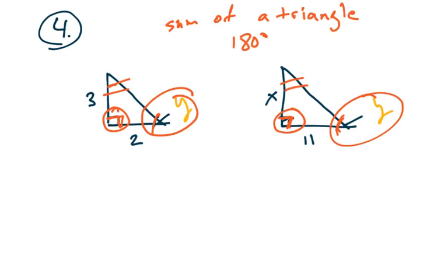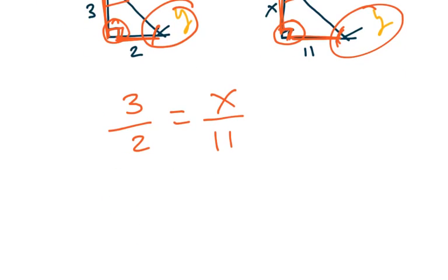With that being said, when all the angles match up, we have what's called a proportion. So this means that this region here is proportional to this, and this region here is proportional to this. So what I can do is I can say 3 over 2 is equal to x over 11. And there are a lot of different ways of writing this. Cross multiply, you get 3 times 11 equals 2 times x.